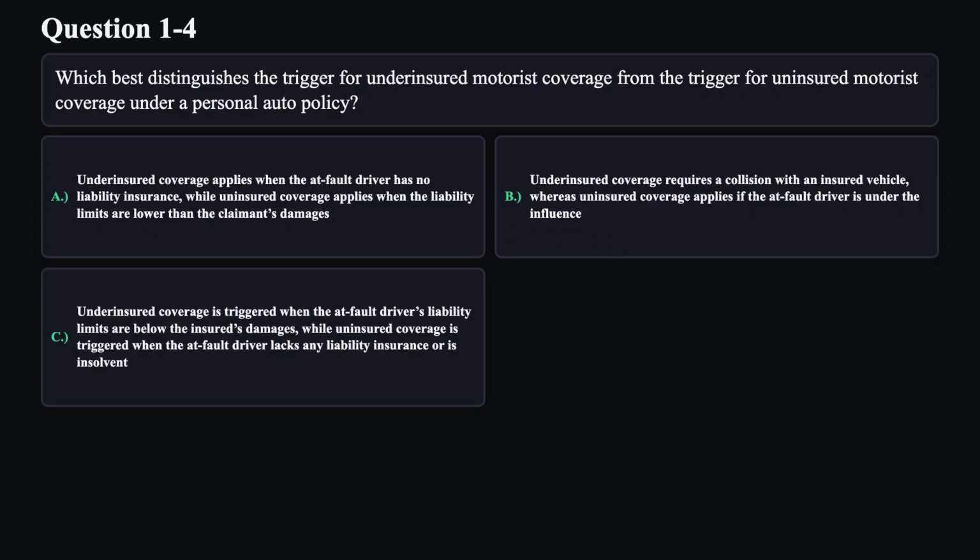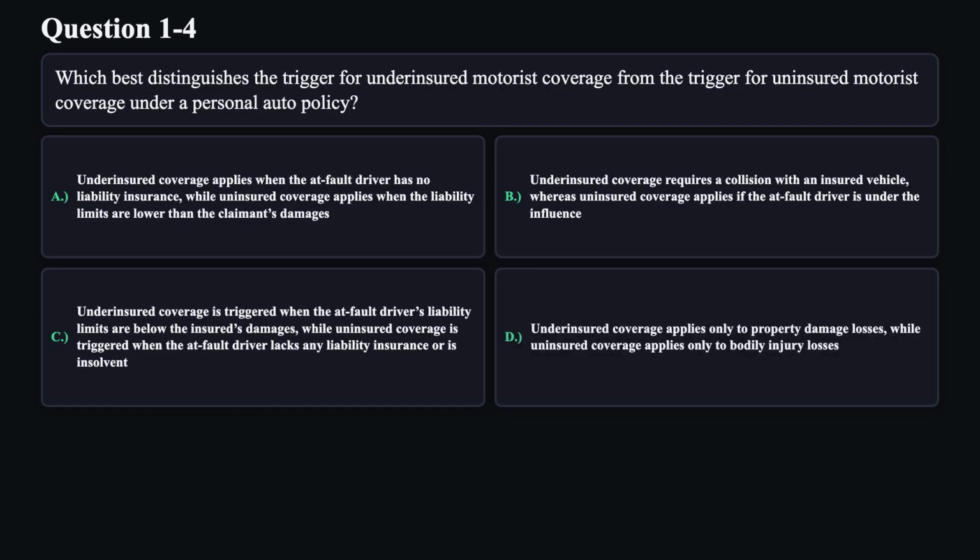C. Underinsured coverage is triggered when the at-fault driver's liability limits are below the insured's damages, while uninsured coverage is triggered when the at-fault driver lacks any liability insurance or is insolvent. D. Underinsured coverage applies only to property damage losses, while uninsured coverage applies only to bodily injury losses.